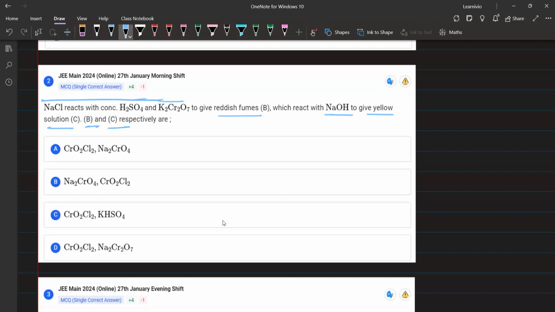NaCl reacts with H2SO4 and reacts with K2Cr2O7. So NaCl plus K2Cr2O7 is the main thing. This is happening in H+, in acidic medium. Even if you remember what the yellow solution is, that might help you a bit.